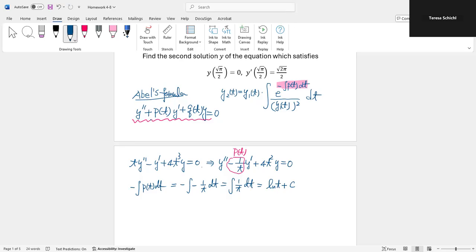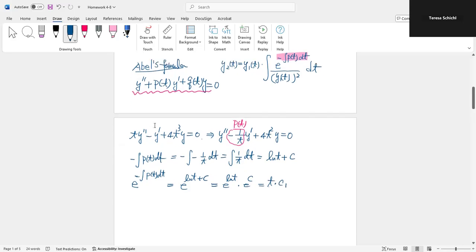So e to the negative integral of p(t) dt will be e to the natural log t plus c, which is e to the natural log t times e to the c. So this will be t times, and I can call e to the c, c1 here.